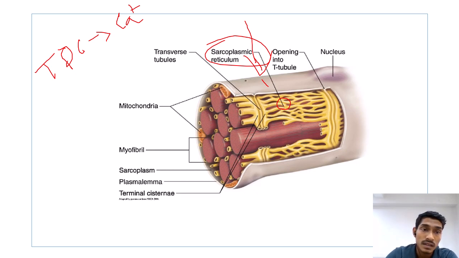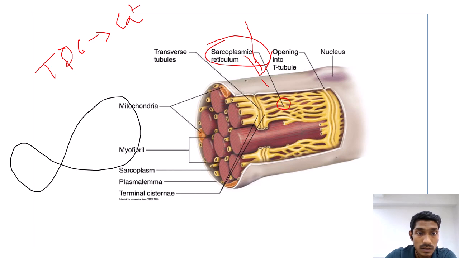You know that protein is present in this area only. After the reaction between the calcium and the TPC, it will move the troponin protein from this place slightly away.